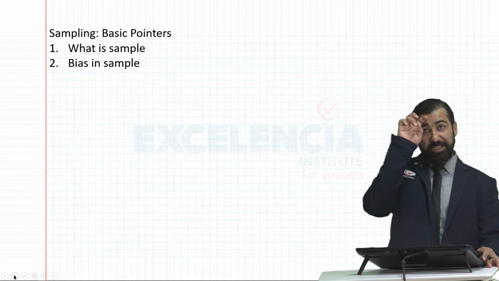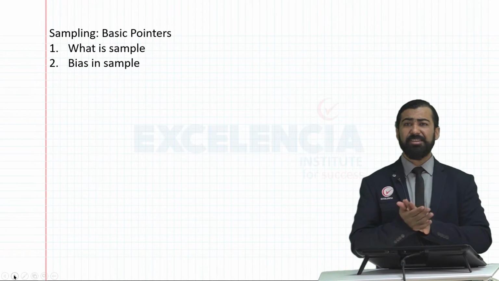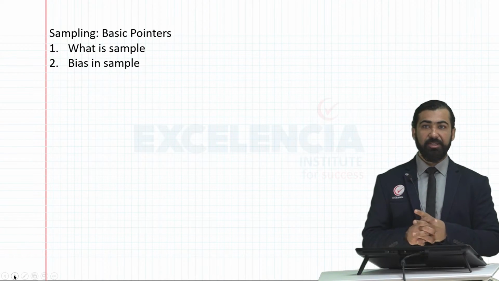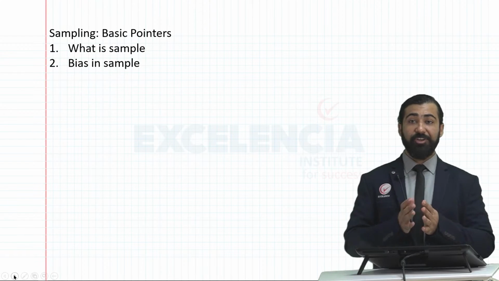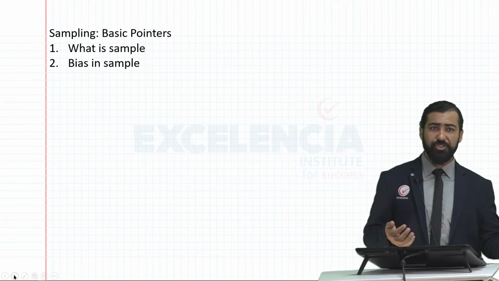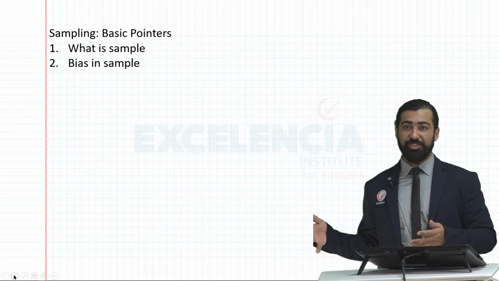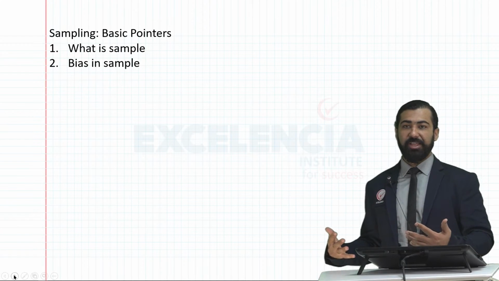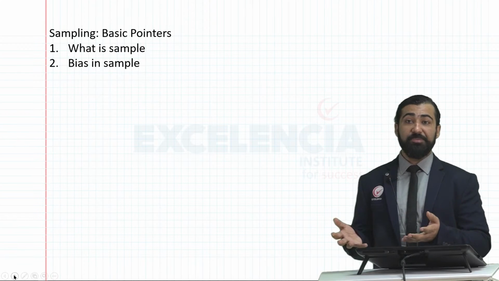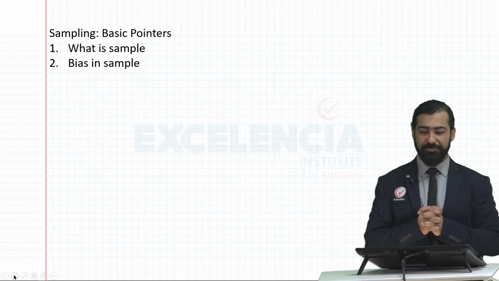Next is sampling. Sampling is again part of statistics. First, let's understand what sampling is or why we do sampling. Suppose I wanted to study all the students appearing for SAT math. There would be hundreds of thousands of students appearing for SAT math, and I want to look at the study pattern of the students, like when did they start studying, how many hours do they study, what subjects or what books are they referring to, and all of this information that I want to gather.